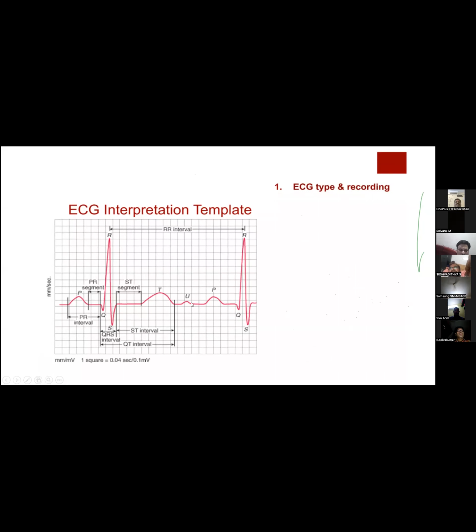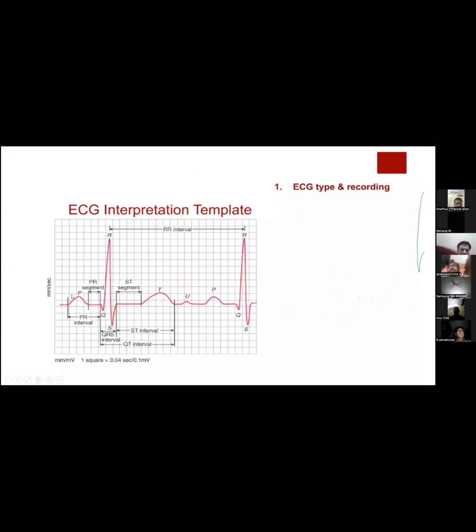This keeps on coming. So before that, you have to understand the ECG paper. On the ECG paper, a small square is 0.04 seconds, and 5 small squares is 0.2 seconds, that is 200 milliseconds.